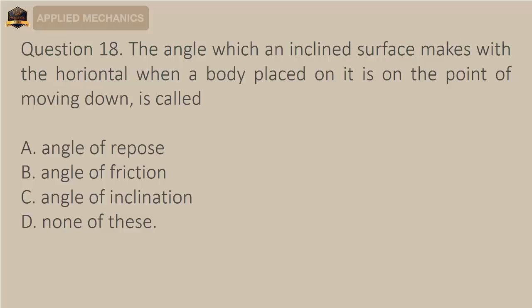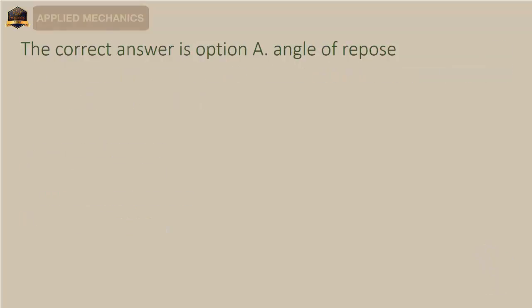Question 18. The angle which an inclined surface makes with the horizontal when a body placed on it is on the point of moving down, is called A. Angle of repose. B. Angle of friction. C. Angle of inclination. D. None of these. The correct answer is option A, angle of repose.